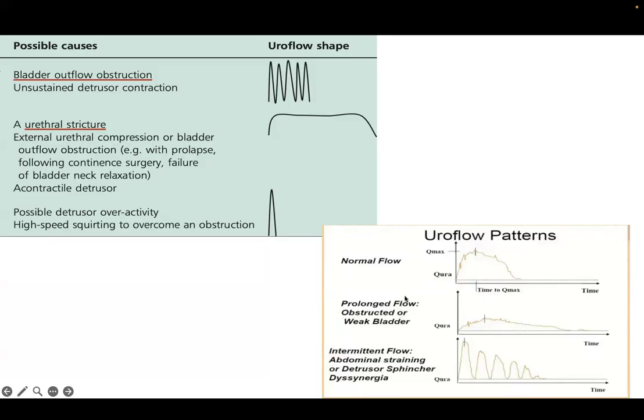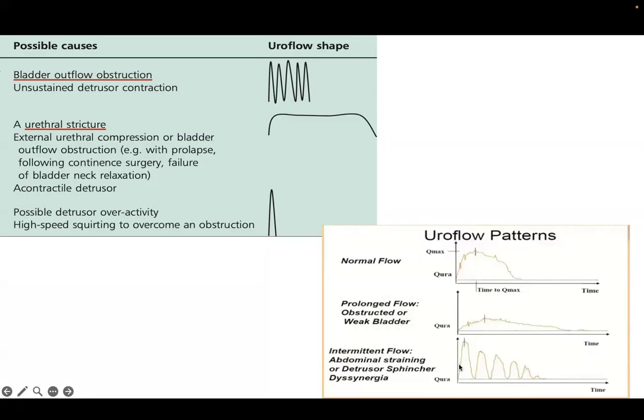Whether it is obstruction or weak detrusor muscle, how can we understand? For understanding it, we need to do cystometry. And here, this type of curve is intermittent flow. The flow stops and starts, stops and starts.